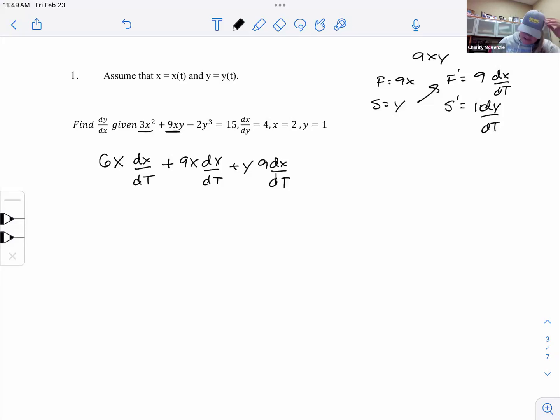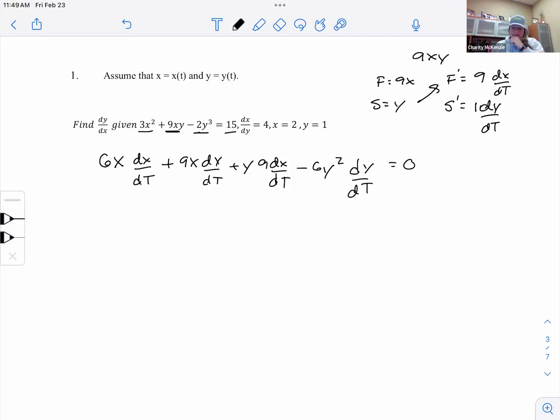And then the next term is the negative 2y to the third, so I'm going to get negative 6y squared. But again, I have to add the dy/dt because it was a y on that one. And then it equals 0, because it had 15 in the formula and the derivative of 15 is 0.